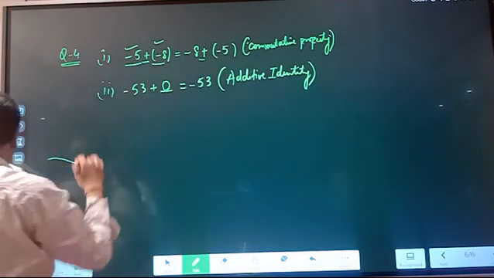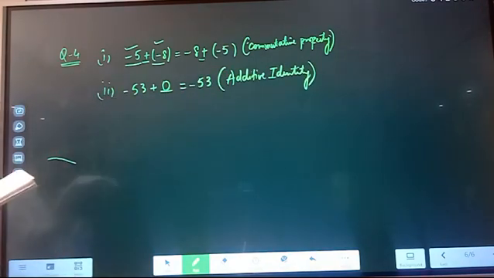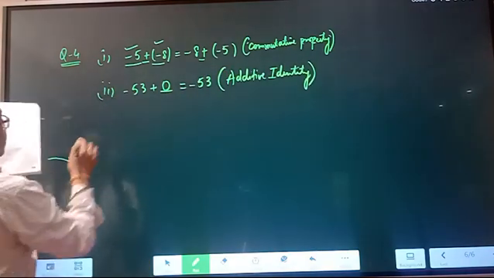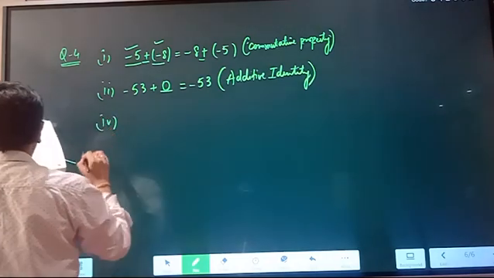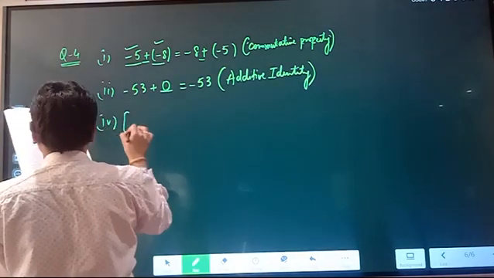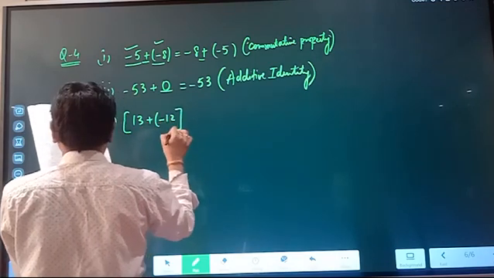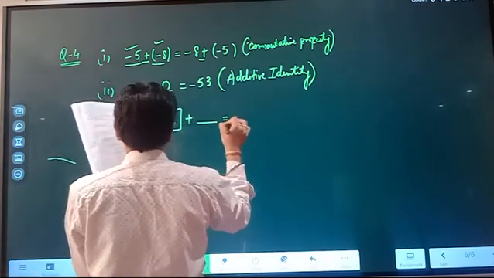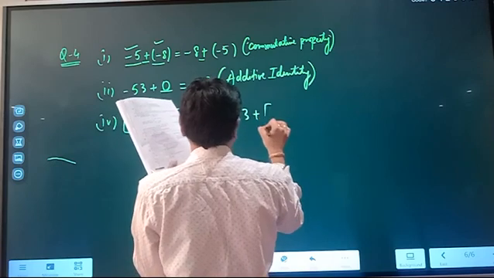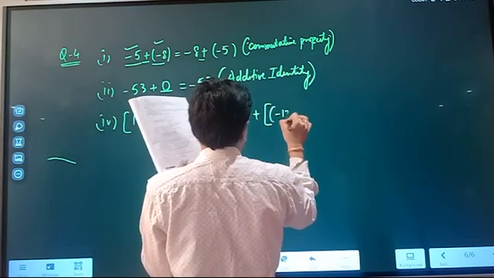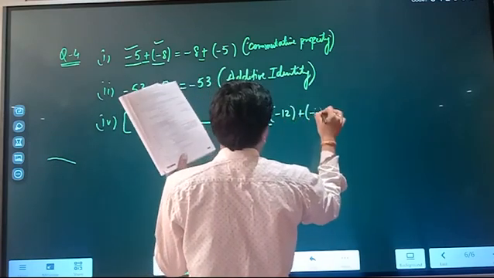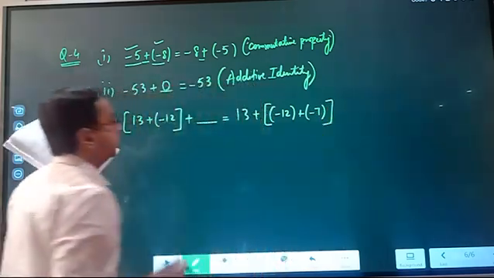Rest of the parts you can do. That's your homework. You have to try. I'll be doing the fourth one for you. 13 plus of minus 12 plus dash is equal to 13, bracket starts, minus 12 plus of minus 7. Very easy, you can see.